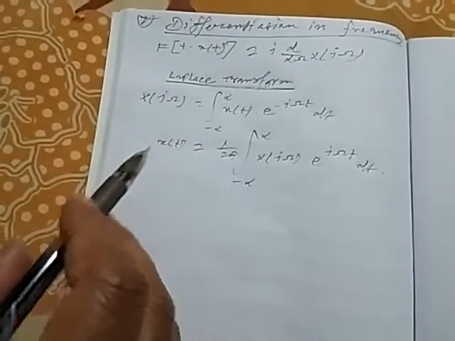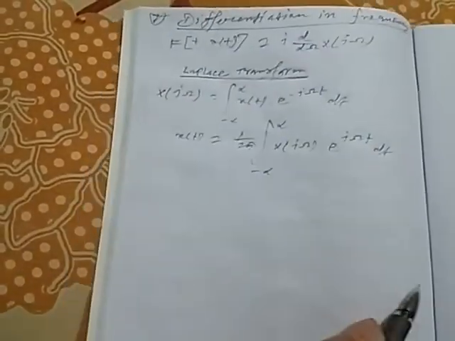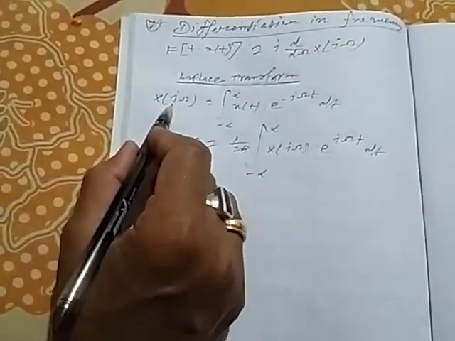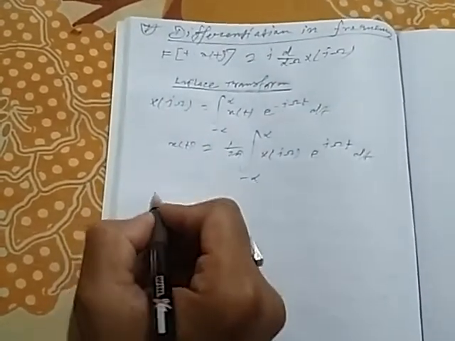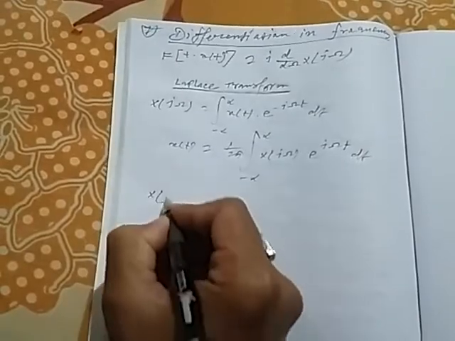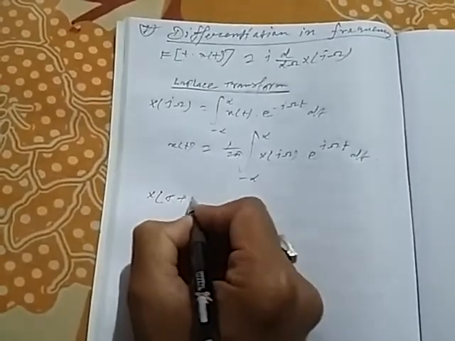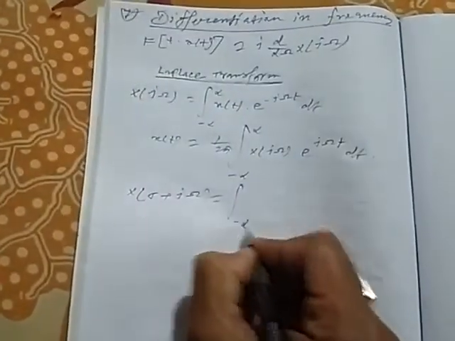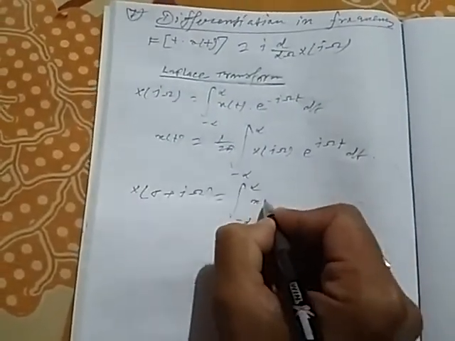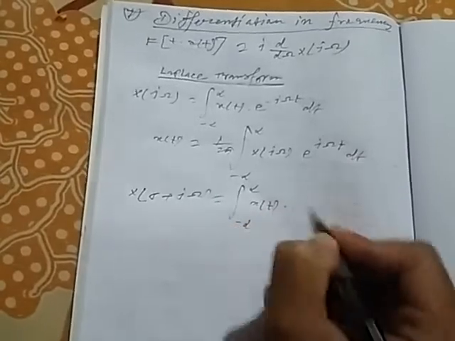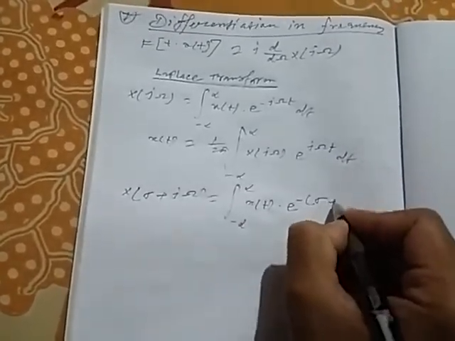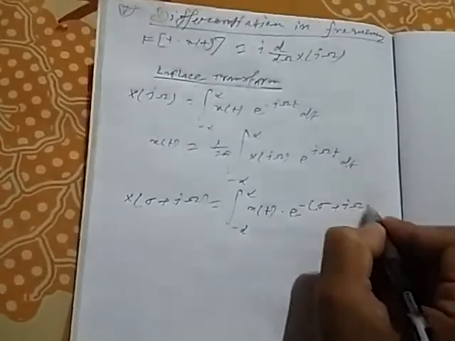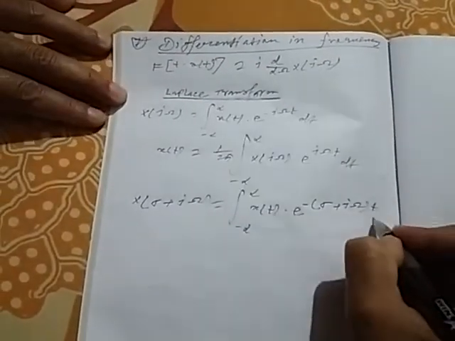We know that. Now in this formula, if we replace j omega by sigma plus j omega, then we can get capital X of sigma plus j omega, that will be equal to integration over minus infinity to infinity x(t) into e to the power minus (sigma plus j omega) t dt.